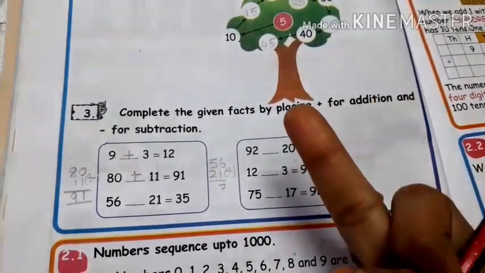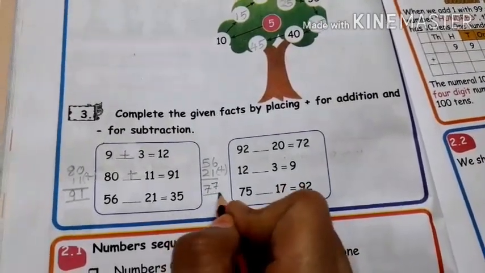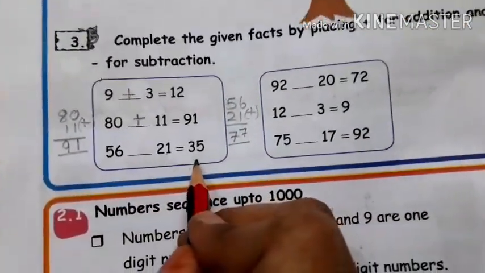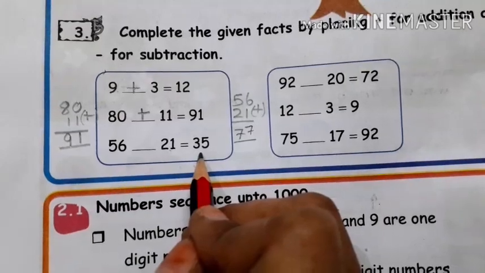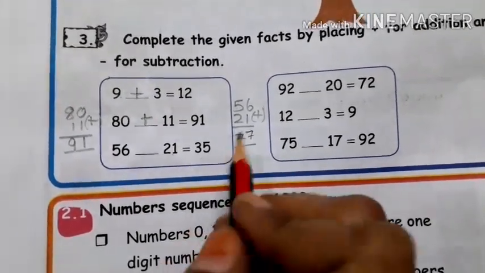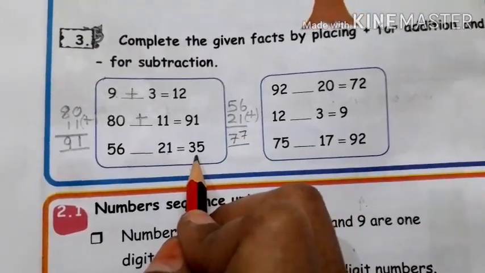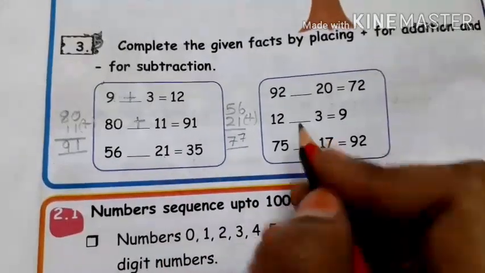After 5, 6, 7. See the answer, whether it is correct or wrong. Oh, wrong. So we have done plus, but the answer is wrong. Then go to minus. Go to subtraction. Okay.